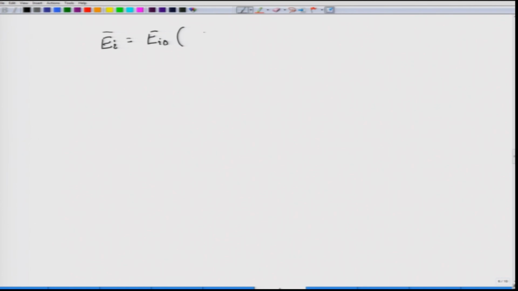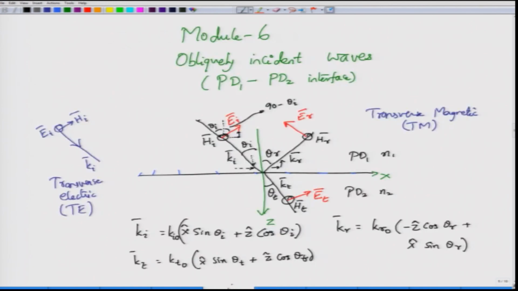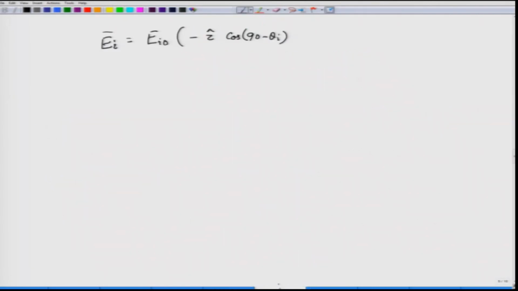If I have not made a mistake, then the expression for the incident electric field will be minus z hat cosine of 90 minus theta I, that is the angle between this red line, which is the incident electric field, and the black line which is parallel to the normal of the interface. So, minus z hat cosine of 90 minus theta I plus x hat sine of 90 minus theta I. This is just the electric field expression.